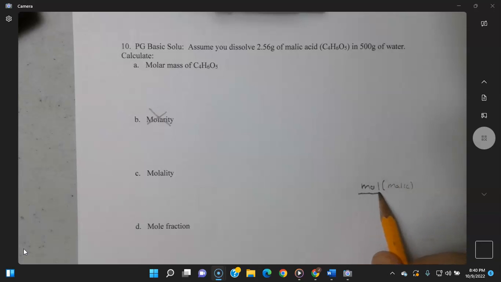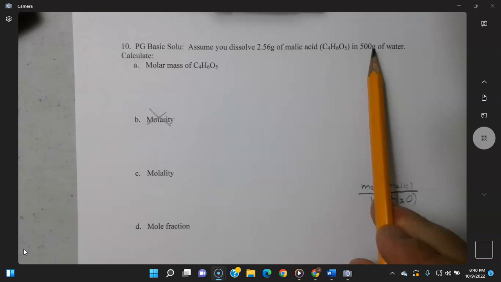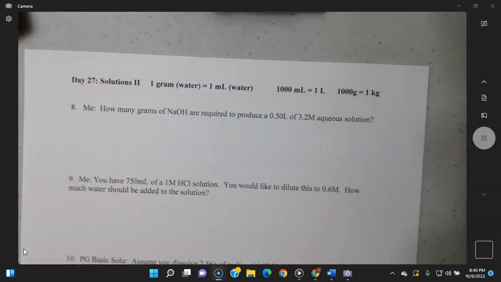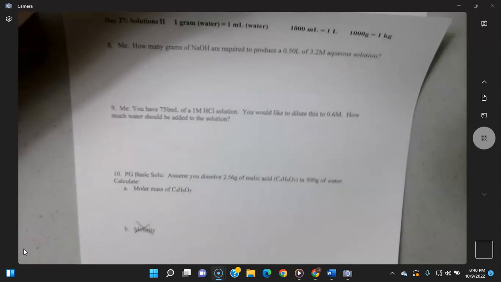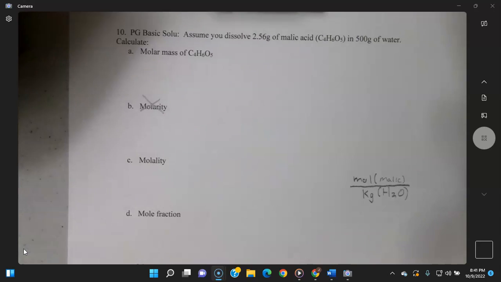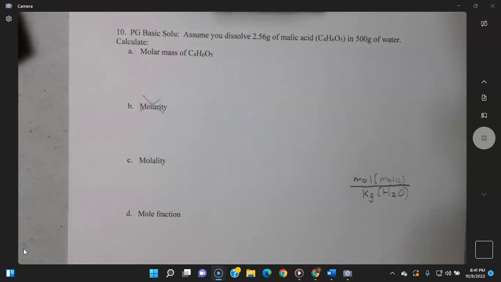Then on the bottom you have kilograms of solvent, and that's H2O. That one's easy. You're given 500 grams of water, and you can use the conversion 1,000 grams equals 1 kilogram to get from 500 grams of water to some number of kilograms of water.